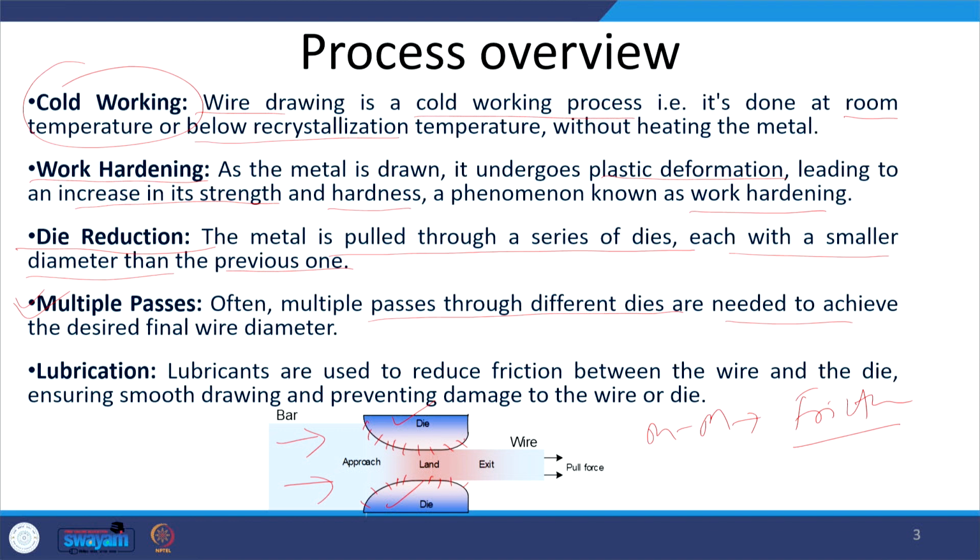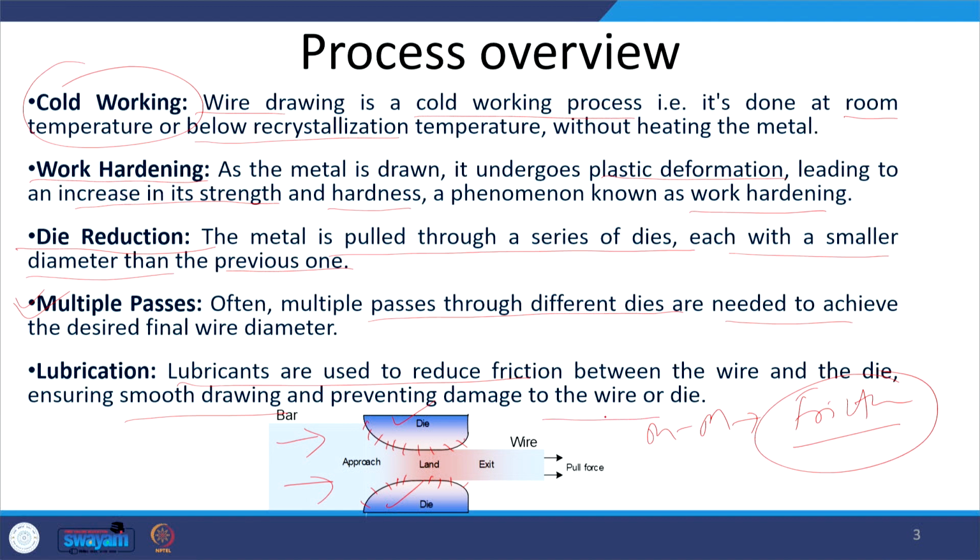Therefore, to reduce the frictional effect, we use suitable lubricants so that the friction between the wire and die can be reduced, and wire drawing can be made a smoother process without much damaging the wire or die.